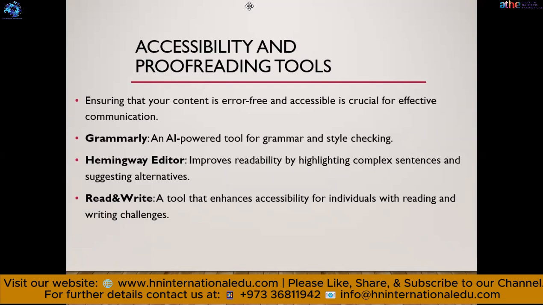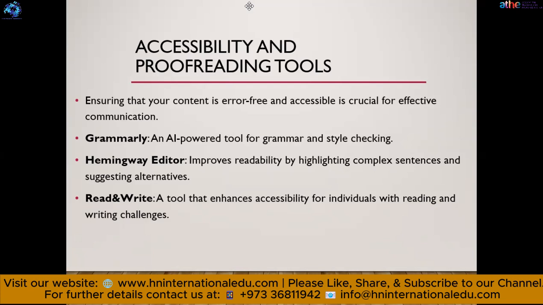So different AI powered tools for grammar and style checking. Grammarly is a tool basically where we can check the grammar and style of the content. Read&Write is a tool where we can enhance accessibility for individuals with reading and writing challenges.